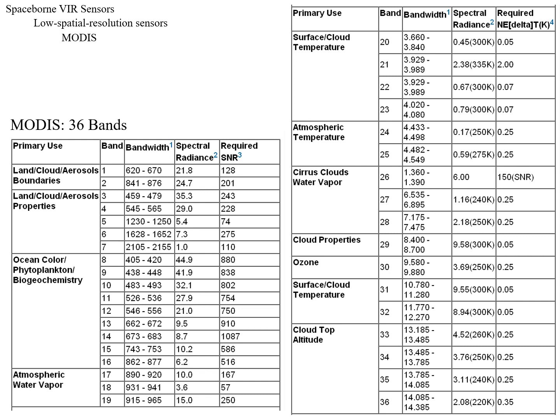To give you a sense of what those bands are. Those first two high resolution bands at 250 meters, they are red and near infrared. So those are primarily used for vegetation, and then cloud boundaries and aerosol boundaries.